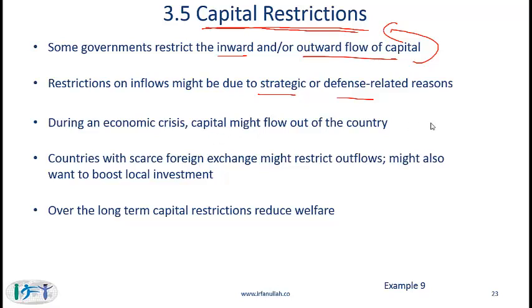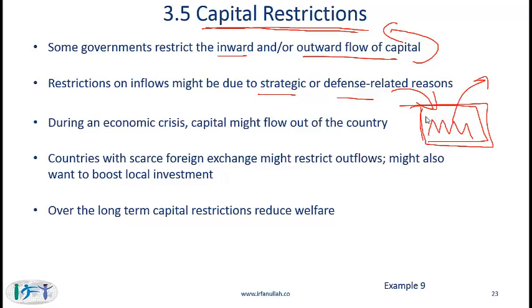And the argument goes that if this country easily allows foreigners to put in money and pull out money, then the capital markets in the country will tend to go up and down very easily. The volatility will be high, which will be detrimental to this particular economy.